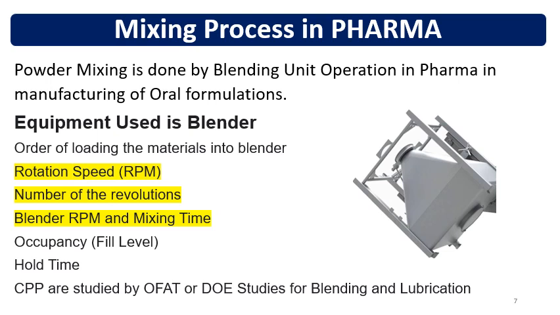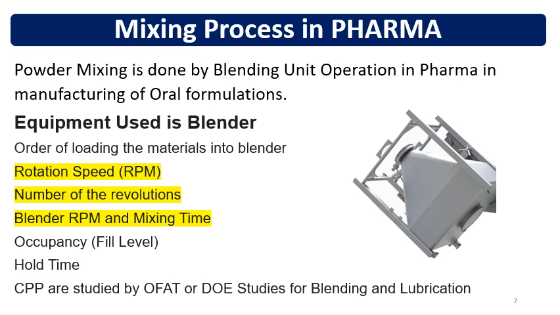Generally these are the APIs, and then these are blended together or mixed together. So order of loading the materials into the blender becomes the critical process parameter. And if it is a critical process parameter for the blending process, then it is required to be controlled, and clear cut instructions should be there into the manufacturing record.